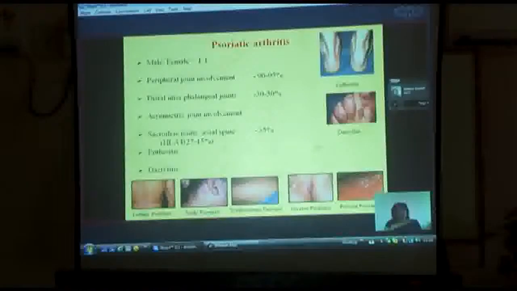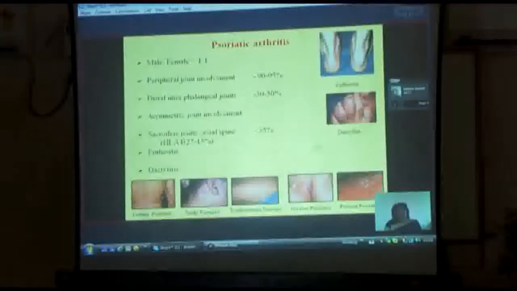Psoriatic spondyloarthropathy presents with sacroiliitis or axial spine involvement, seen in 35% of patients, out of which HLA-B27 can be positive in 15%.